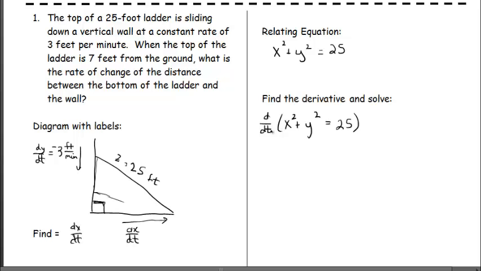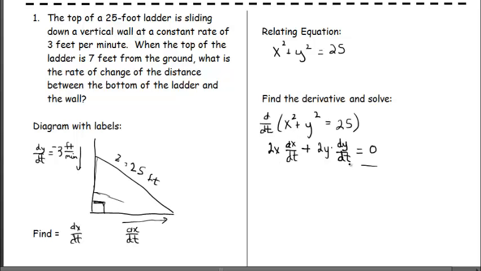So I'm going to bring in the derivative operator. Differentiating, t and x don't match up, so we get 2x times dx/dt, producing the necessary notation of what we're trying to find. Plus the derivative with respect to time of y squared is 2y times dy/dt, because I've got to insert negative 3, and the derivative of 25 squared is 0.